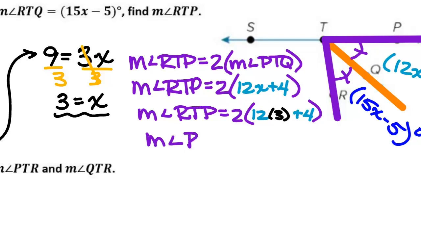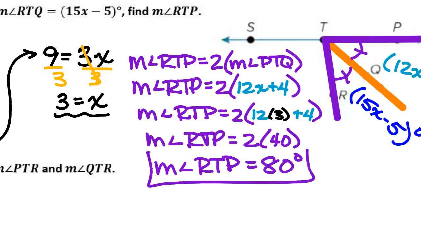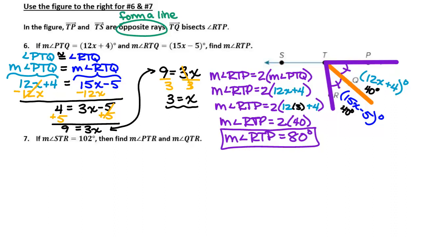So the measure of angle RTP is 2 times 40, which makes it 80. It is 80 degrees. 12 times 3 is 36, plus 4 more gives me 40. So this angle up here is 40 degrees. And the bottom angle would also be 40 degrees because it is congruent. And when I put the 40 and 40 together, I get 80 degrees.